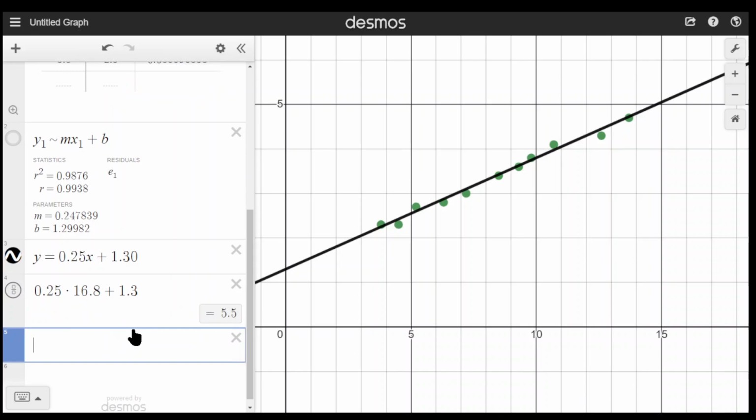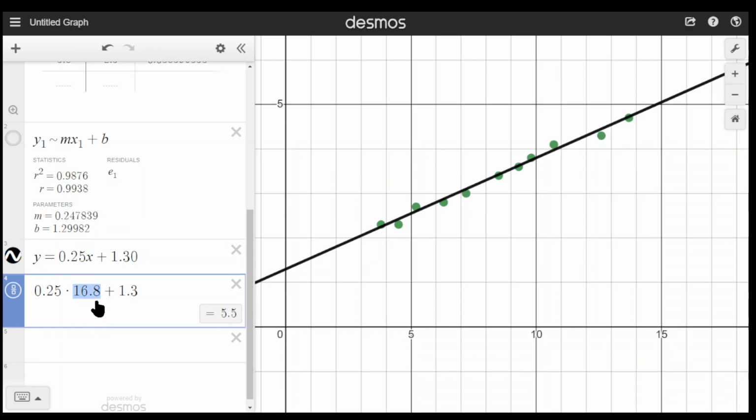So what I have here, with the 5.5, is what the model predicts. How did I get that number? Pretty easy, right? Instead of x, I did 0.25 times the length of my pencil's paint when it was new.